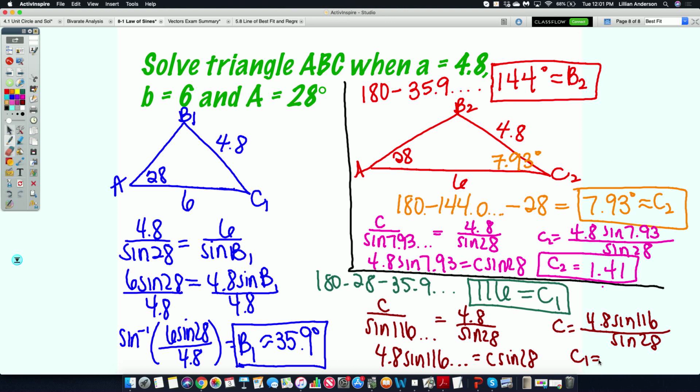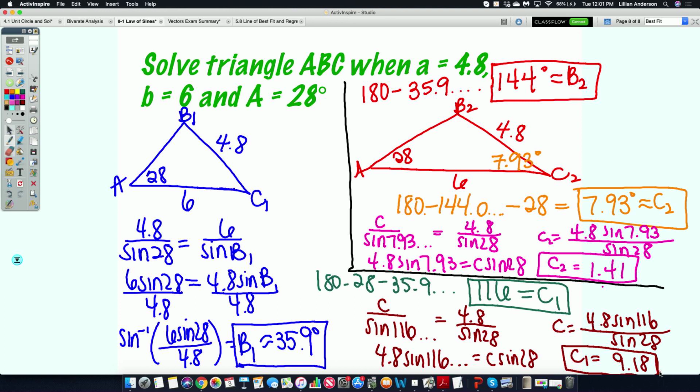So what's side C for the first triangle? 9.18.